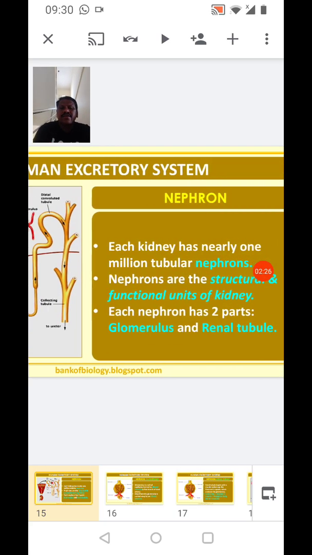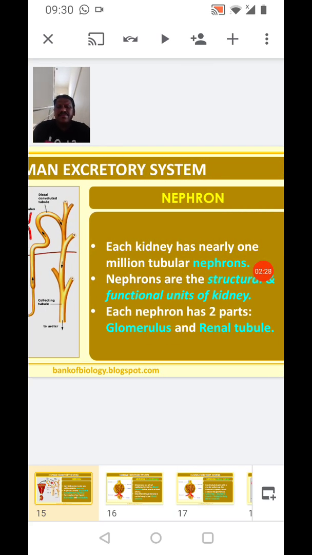Otherwise, they are called nephrons. Each kidney is made up of about 1 million nephrons. 1 million means 10 lakhs. That means each kidney is made up of 10 lakh highly coiled nephrons, right?